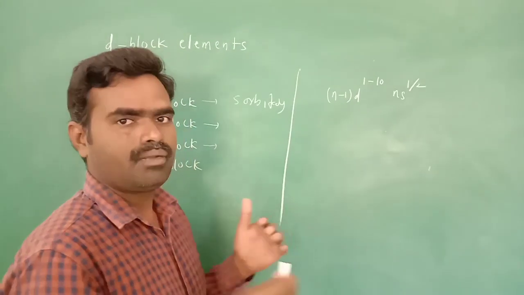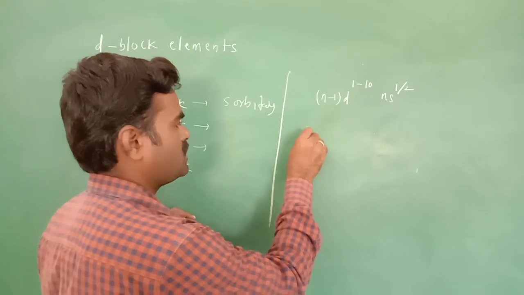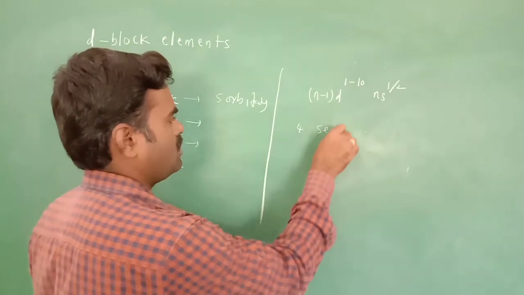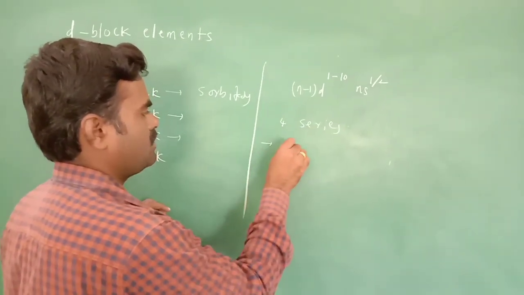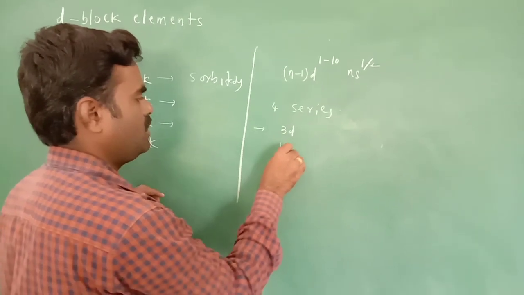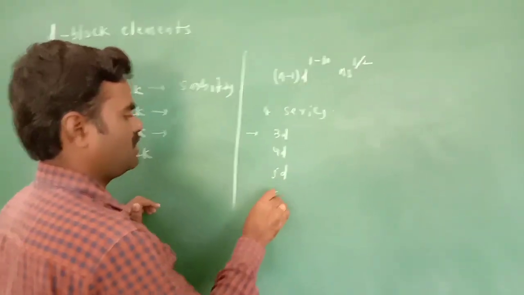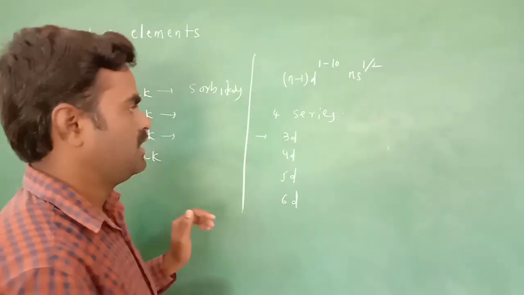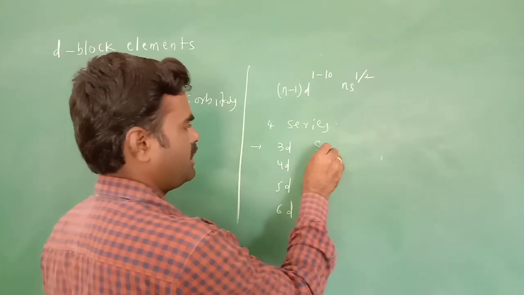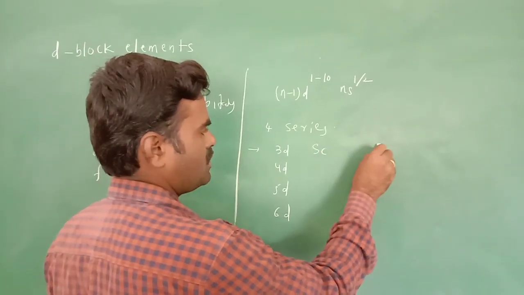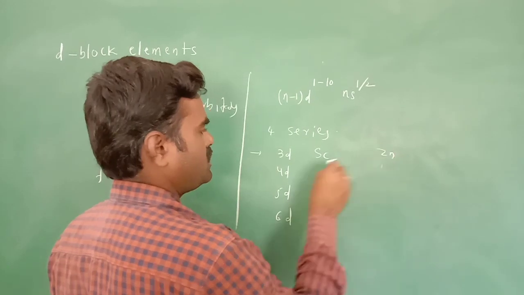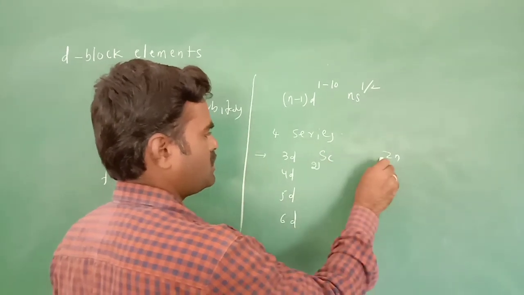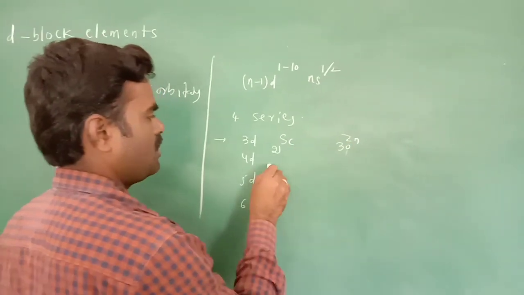Next, D block elements are further classified into four series. These are the 3D, 4D, 5D and 6D series. In the 3D series, the first element is scandium and the last element is zinc. Scandium's atomic number is 21, zinc's is 30.